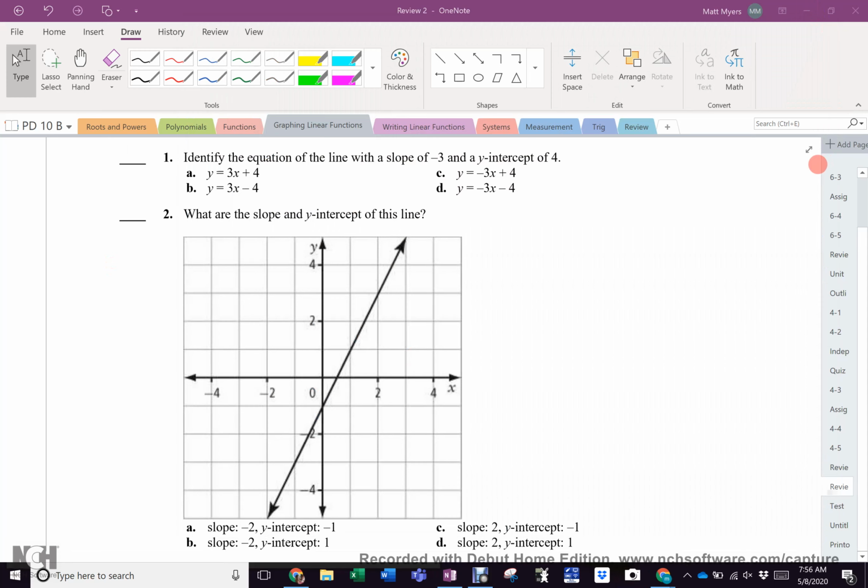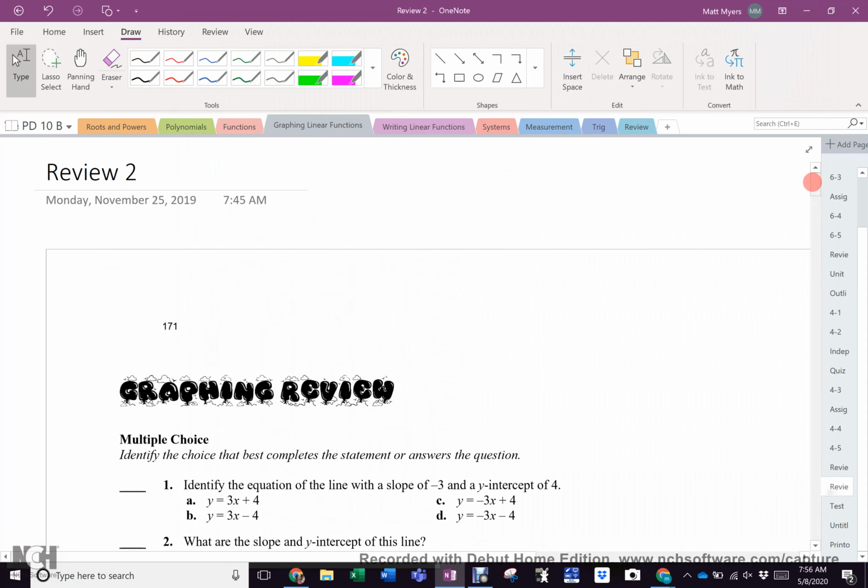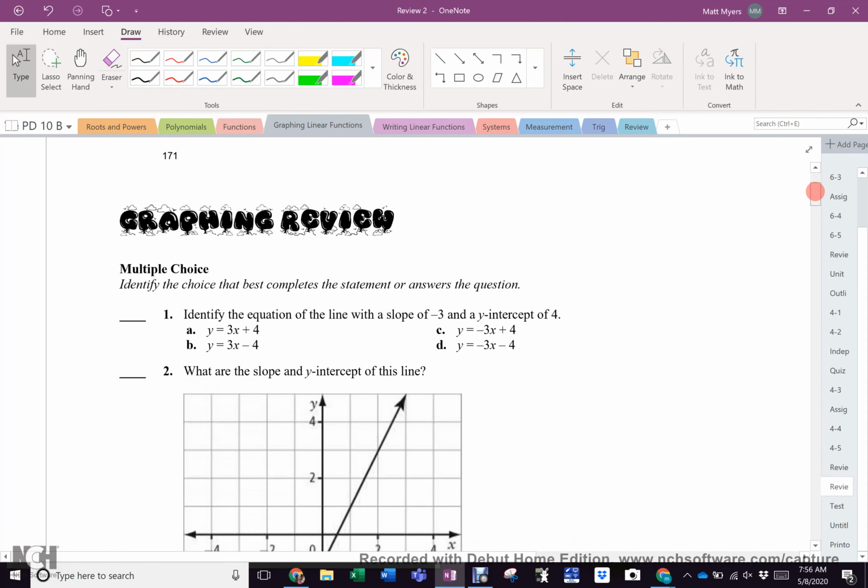So we are on page 171 or page 156. And then we just work through it. The equation of a line with a slope m, a y-intercept of 4 is b, so that must be negative 3x plus 4, and it is right there, c.